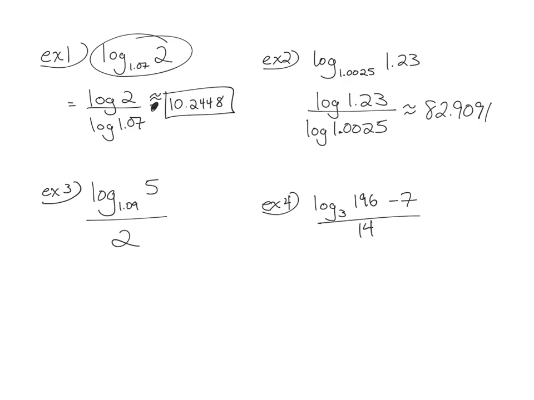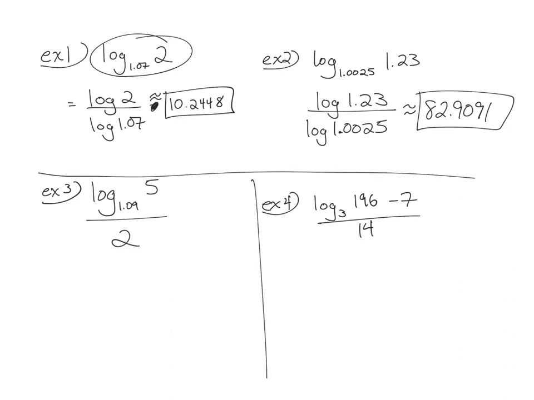All right, let's take a look at example 3. From here, you can see that it's changed a little bit. We have a need for a change of base formula, and whatever we get, we need to divide that by 2. So let's first just work with this top part, which would be log of 5 over log of 1.09.